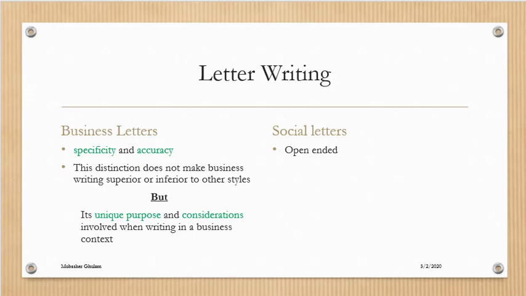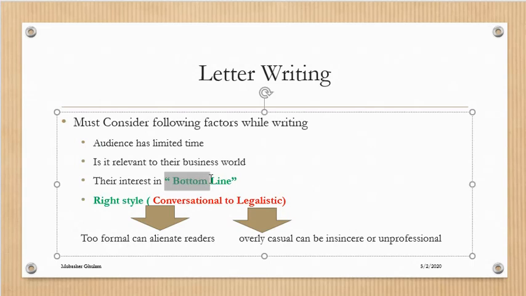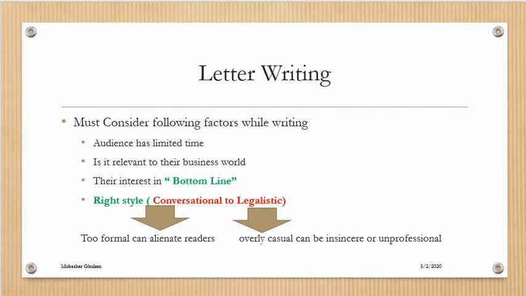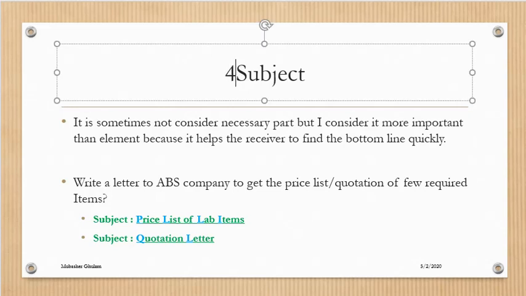They have very limited time, and your subject gives a direct clue to that bottom line. So they need not go through each and every word of the letter. When they read the subject, they know the matter, and if they are short of time, they can go to the details later.